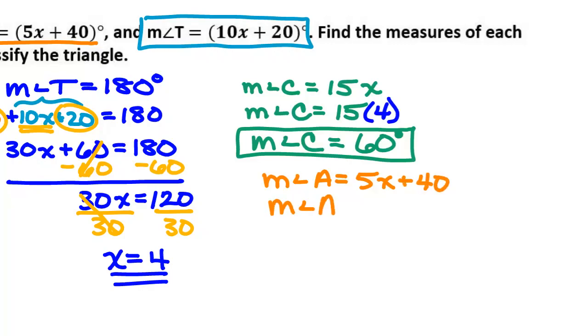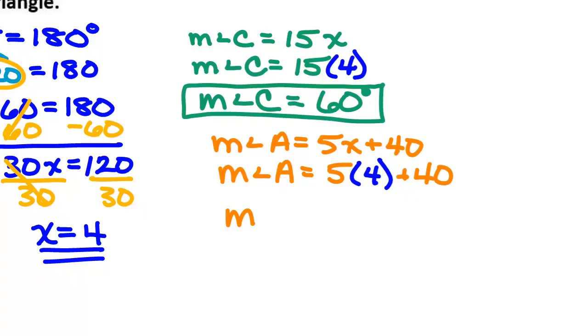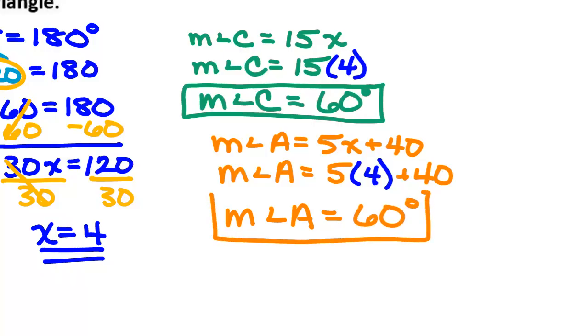We're going to put 4 in the place of the x, so I have 5 times 4 plus 40. What is 5 times 4? 20 plus 40? 60. So the measure of angle C is 60 and the measure of angle A is 60.